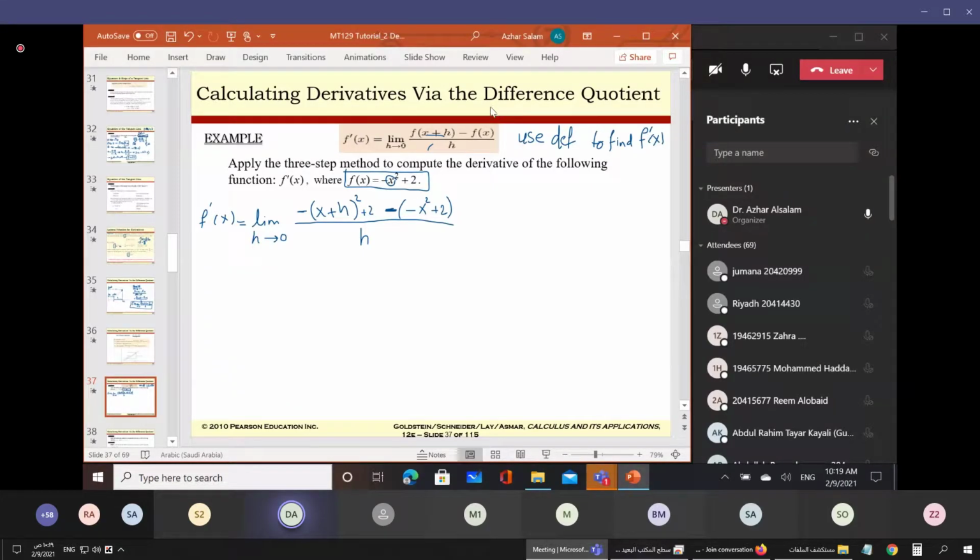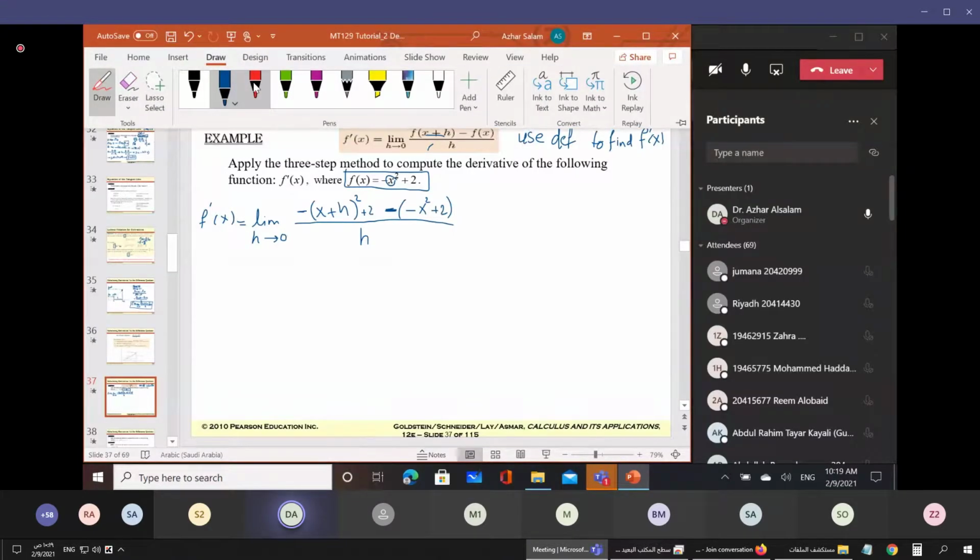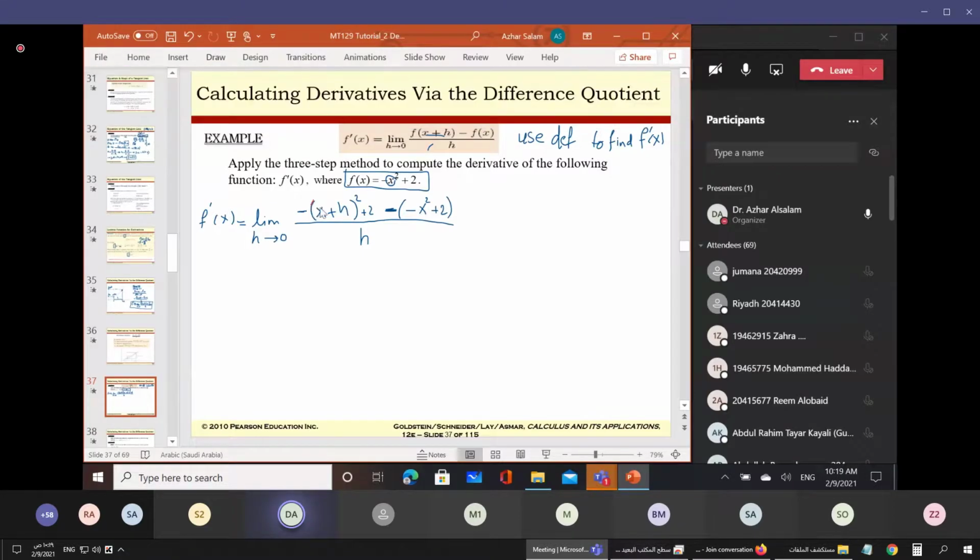So what did I do here? Notice, I replace this x by x plus h to find this, which is f of x plus h.